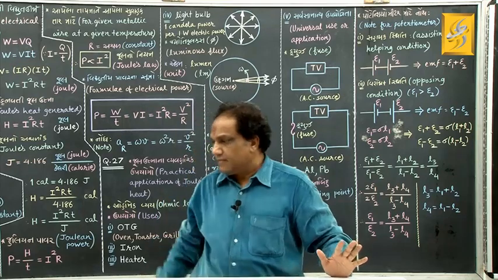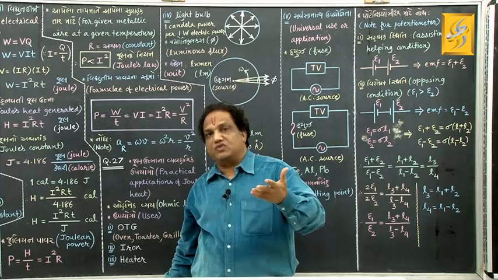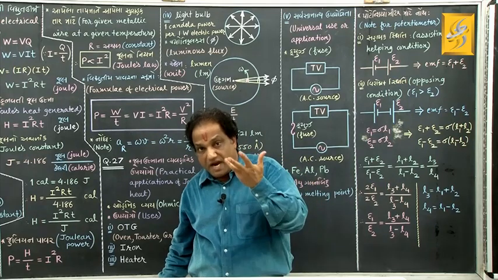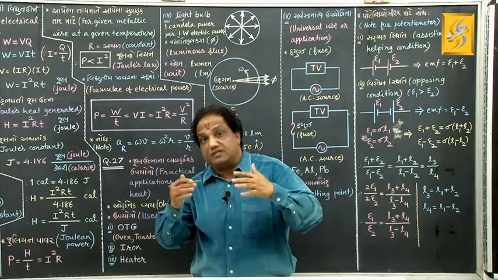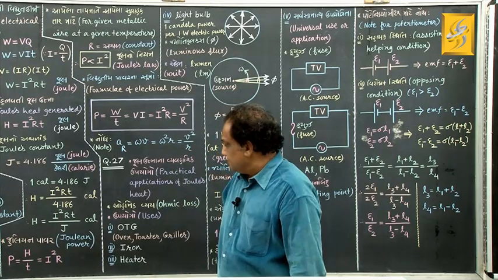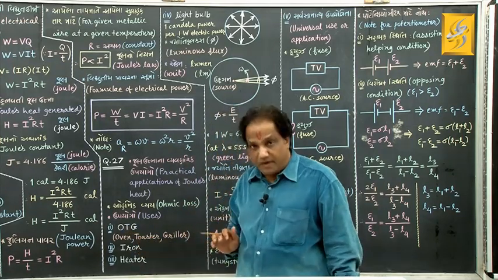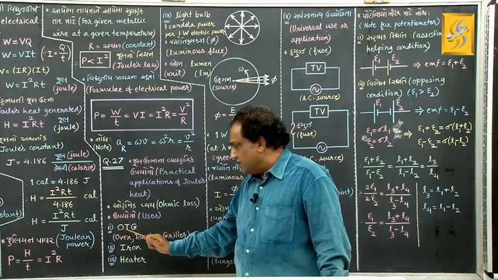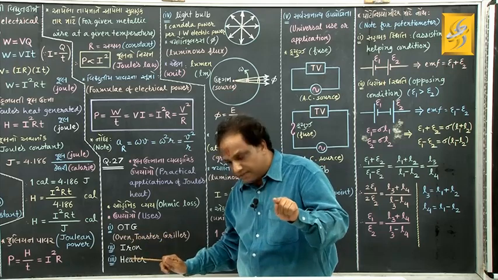Fine. Now, let us see some positive aspects of Joule's heat, that is, some advantages of Joule's heat, where it is really expected, where it is really desired. Come on, I am showing you all the examples one by one. Let us talk about household appliances, say OTG, that is oven, toaster, griller.